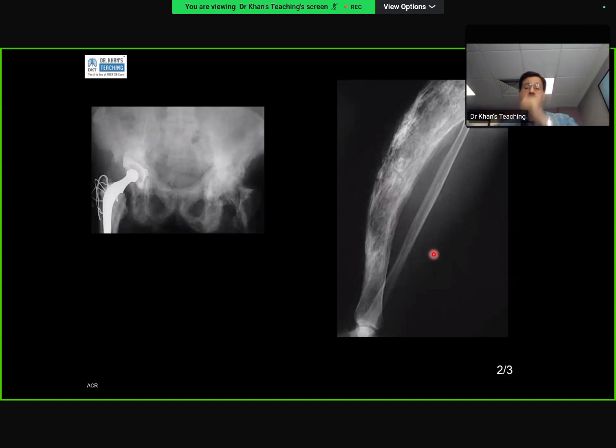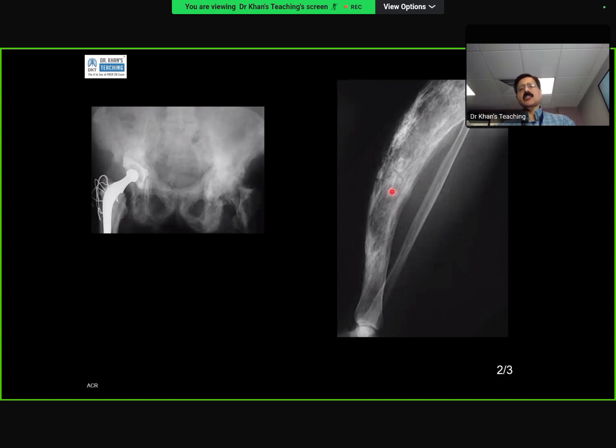Excellent. In Paget's, what happens is pathological fractures, because it is an insufficiency fracture. Please remember the concept of stress fracture versus insufficiency fracture. Stress fracture is abnormal stress on normal bone. Insufficiency fracture is normal stress causing a fracture on abnormal bone.